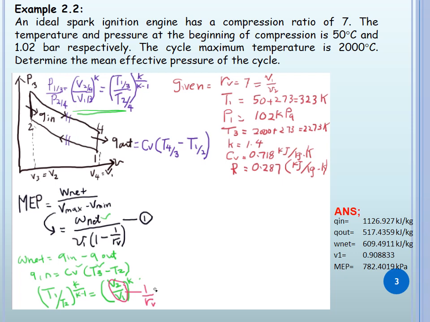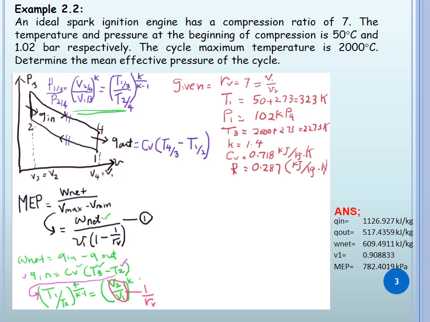So you can substitute 1 over rv in this equation, and T1 is given, so that we can find T2. Now we can get the value of T2 from this equation, and then we can get Q in.